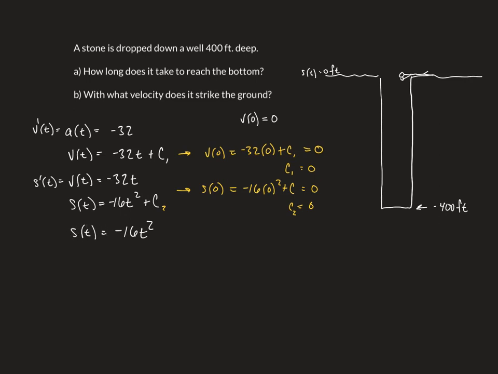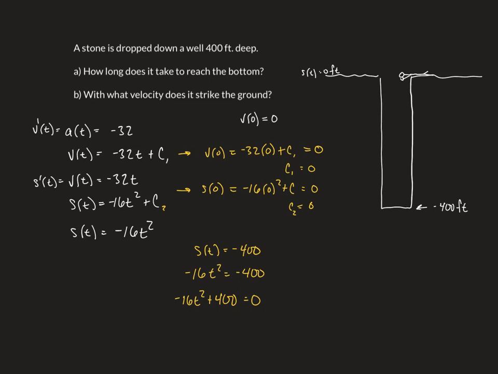And when the position is at the bottom, it's going to be at a height of negative 400. So when is s of t negative 400? Or in other words, negative 16t squared equals negative 400, and I have to solve this thing for t. All right, so this is a quadratic. I should probably set this thing equal to 0 first.